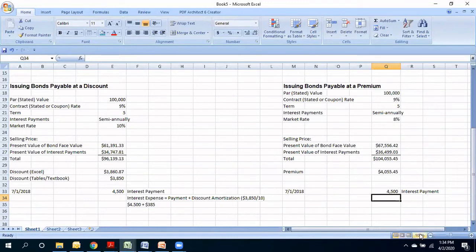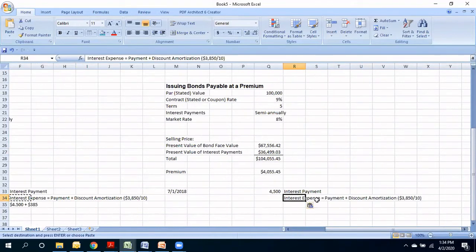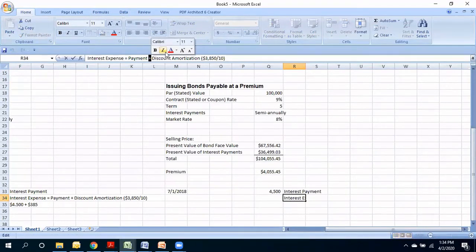But the interest expense when the bond sells at a premium is actually reduced by the amortization of that premium. So in this particular example, my interest expense is going to equal my interest payment minus my premium amortization.